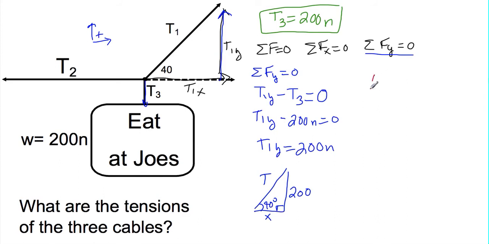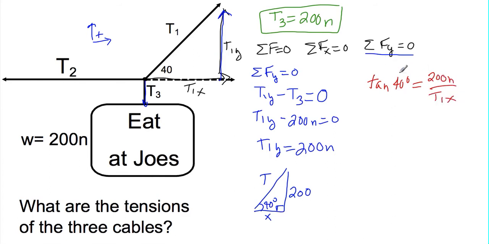Tangent of 40 degrees is equal to T1x, we'll call it, over, oops, I have that backwards, sorry about that. It's going to be the opposite side first, so it's going to be the 200 newtons over T1x.